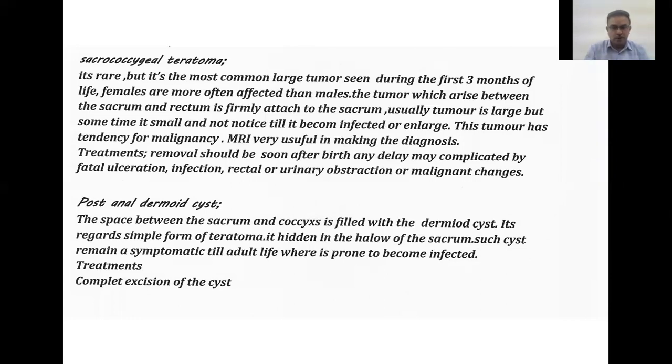Usually the tumor is large, but sometimes it is small and not noticeable until it becomes infected or enlarged, that's to say complicated. This tumor has a tendency for malignancy. Sacrococcygeal teratoma is a pre-malignant condition, and MRI is very useful in making the diagnosis.